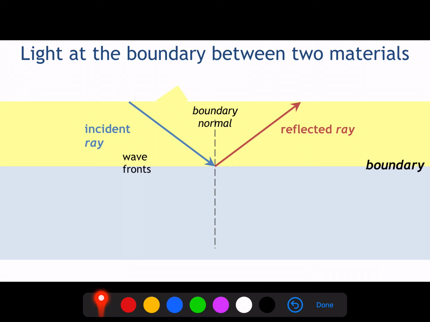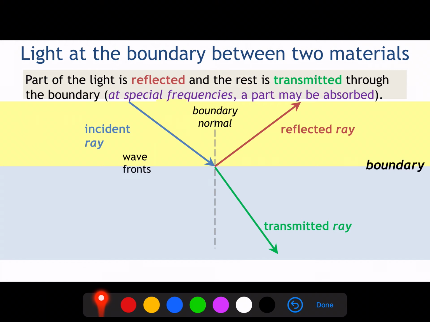Now, some of that light is going to be reflected off of that boundary, while other amounts of it will be transmitted through the boundary in most cases. And so we're going to talk about this transmitted ray in future lectures. Today we're going to focus only on the reflected ray.